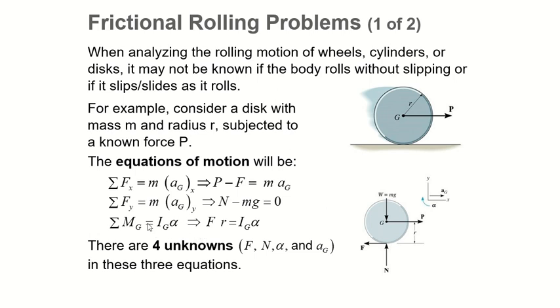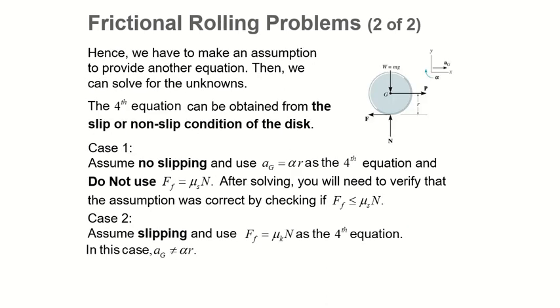Put that all into the equations of motion, and then look at what is unknown to us. We don't know the friction force, we don't know the normal force, the angular acceleration, and then the acceleration at G. Those are the things that you have to find.